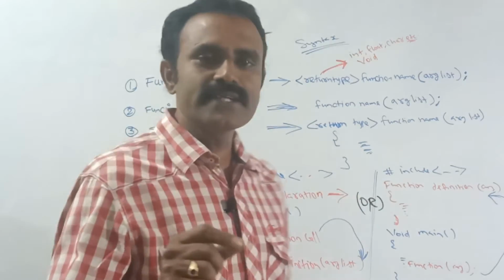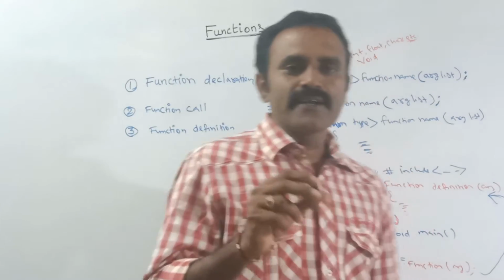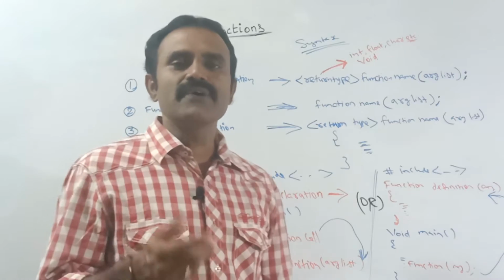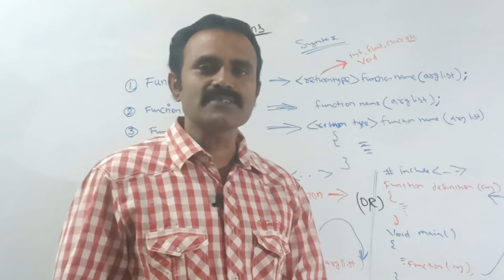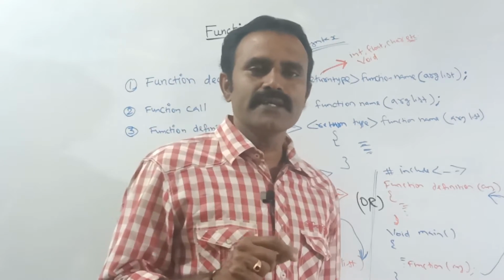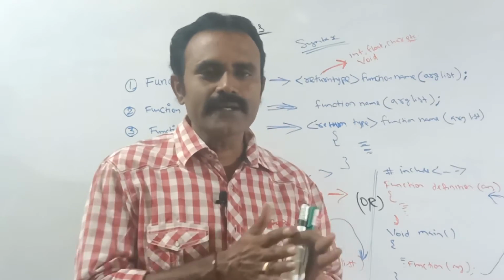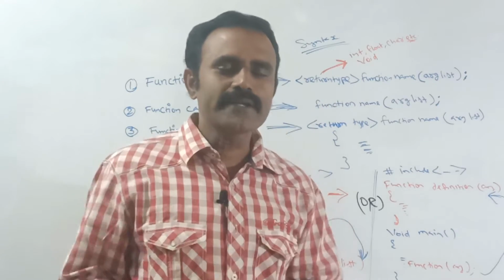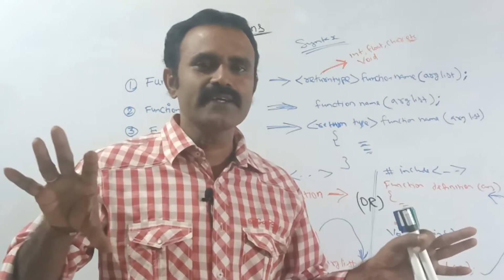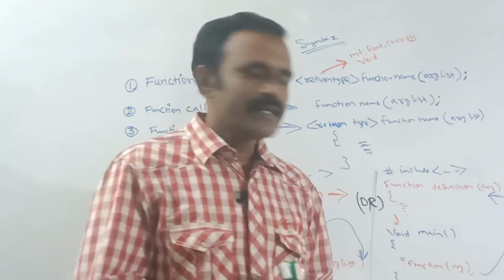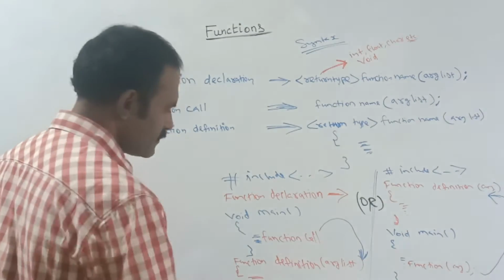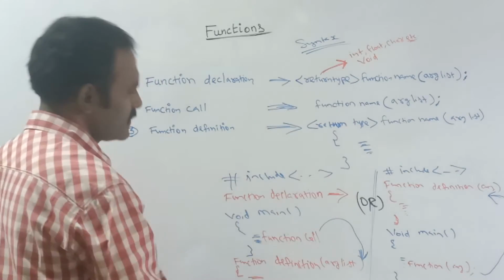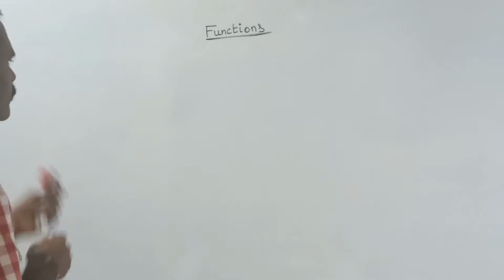Now let us see the types of user defined functions. Depending upon the return type and the argument, we can classify the function type. Now let us see the types of the function. This is the syntax of defining the function.